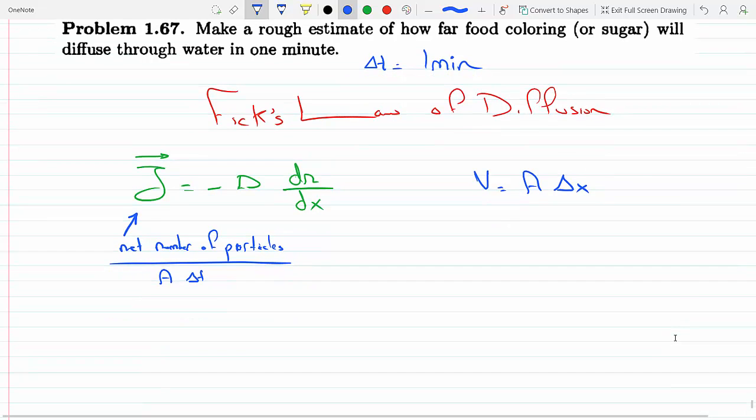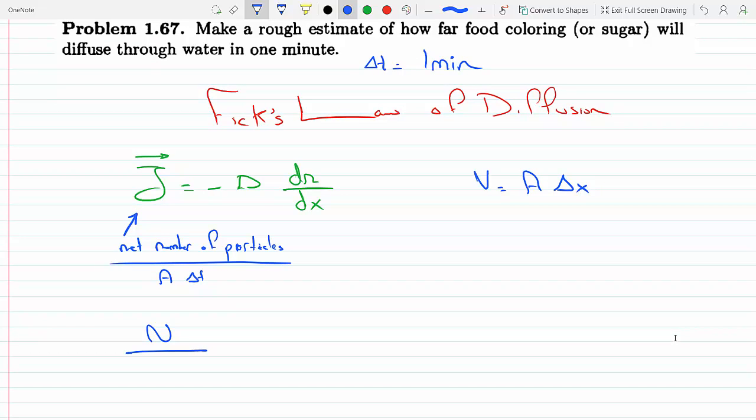So I can replace J with the net number of particles crossing a unit area in some delta t. In this case it's 1 minute, and that has to equal, on the right hand side, D.